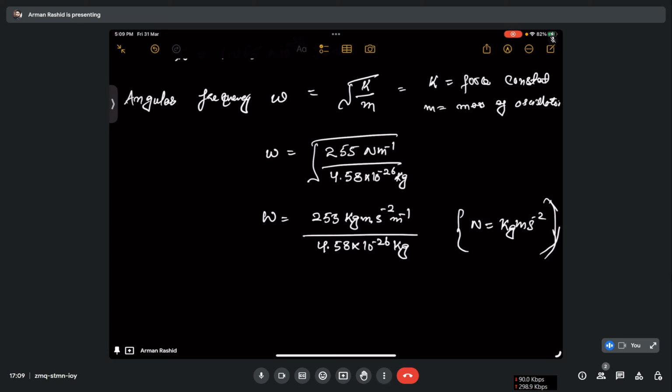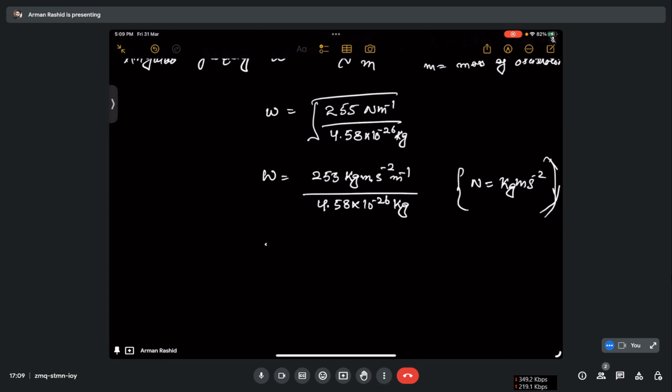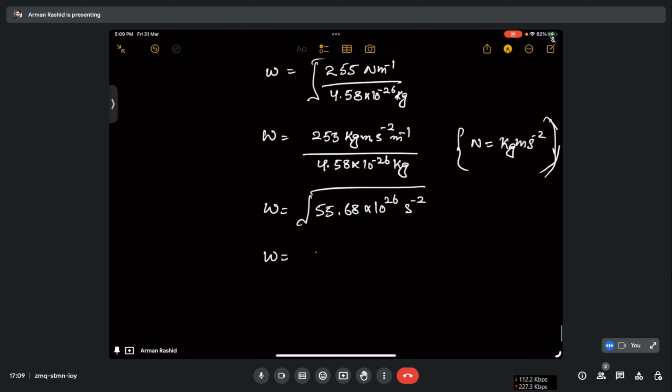Newton is a unit of force. So we calculate the value of this. It will be 55.68 into 10 to the power 26 per second square, under root, right? So if we take the square root, we get 7.46 into 10 to the power 13 per second.